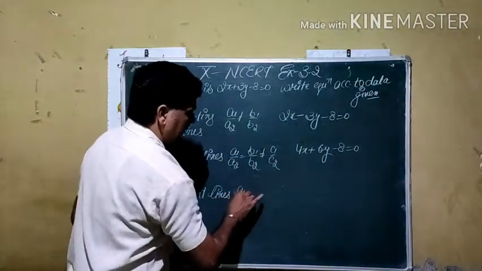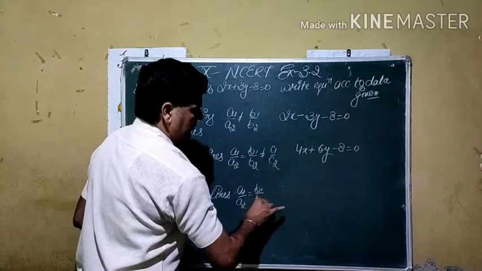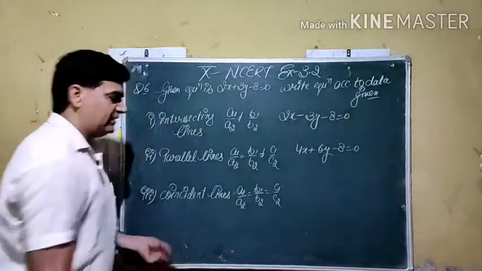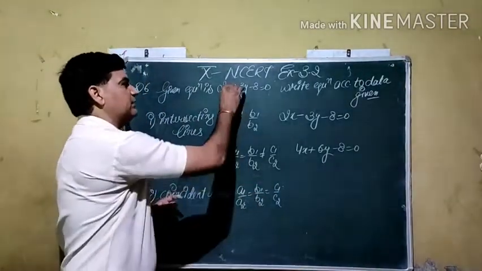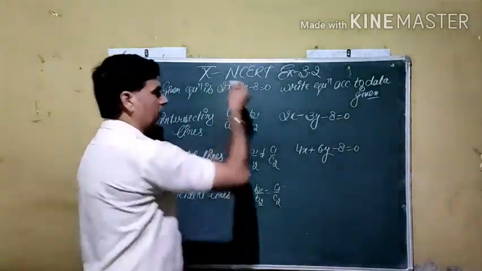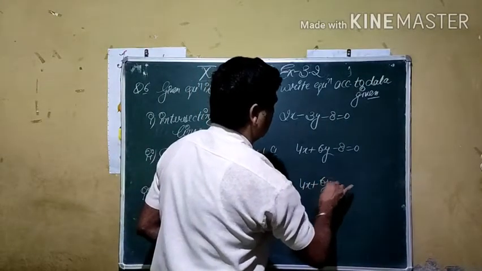Coincident lines means A1 by A2 is equal to B1 by B2 is equal to C1 by C2. It means the ratios are the same, the division is the same, the multiples are the same. If we multiply this equation by any number, we get the coincident line. We are multiplying by 2. So we get 4x, 6y, minus 16.